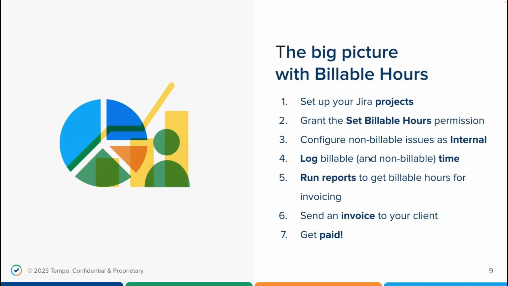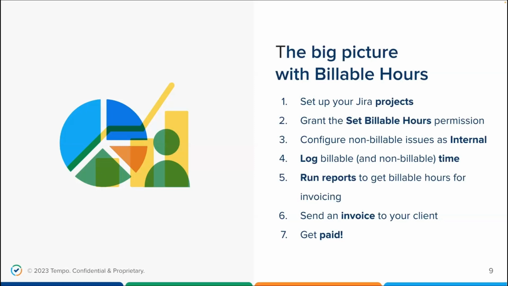Once everything is set up, you can have the employees log their billable and non-billable time for the contract, entering their time accurately in the billable hours field. Then running reports. This is sort of your final main step for all your data.